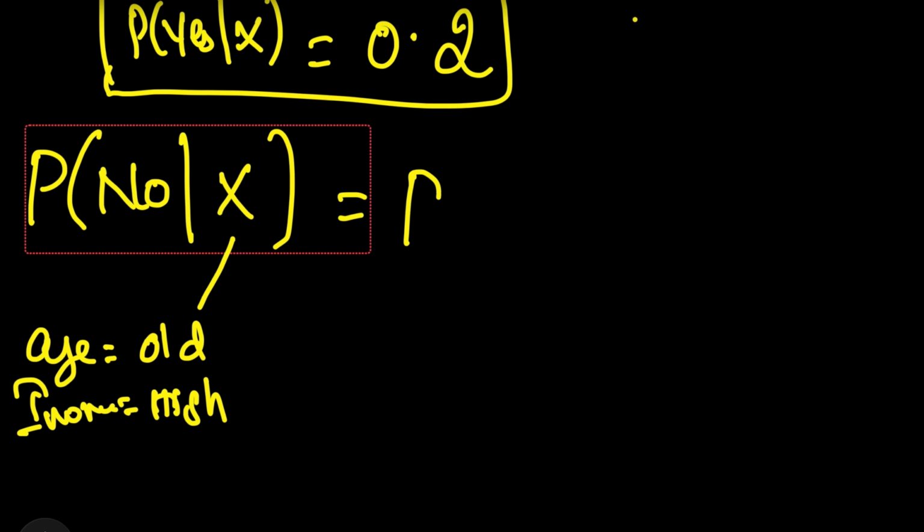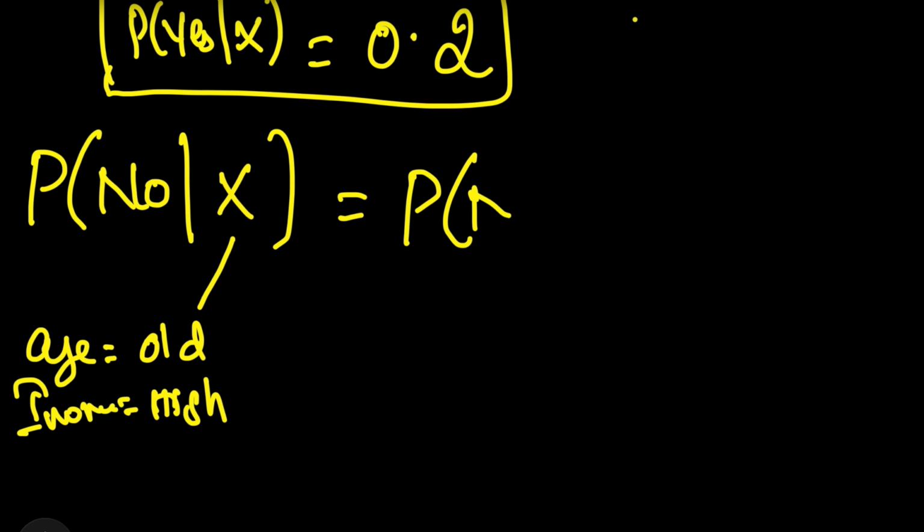So for no, we again have the formula: the total probability of no from the prior probability should be multiplied with, let me not write x here because it's already in a term, so it will be the dot product.